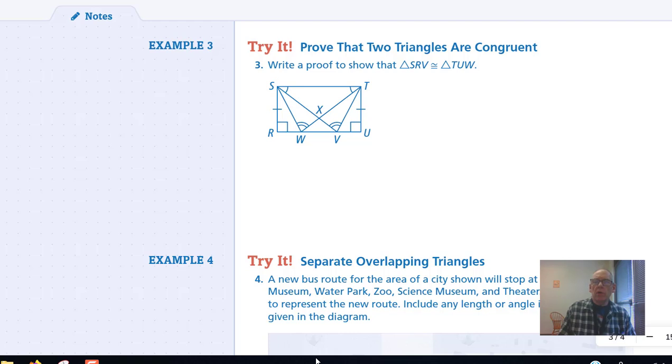Okay, here we want to come up with a proof to show that this triangle SRV, this triangle here, let me highlight it or something, SRV is congruent to TUW.